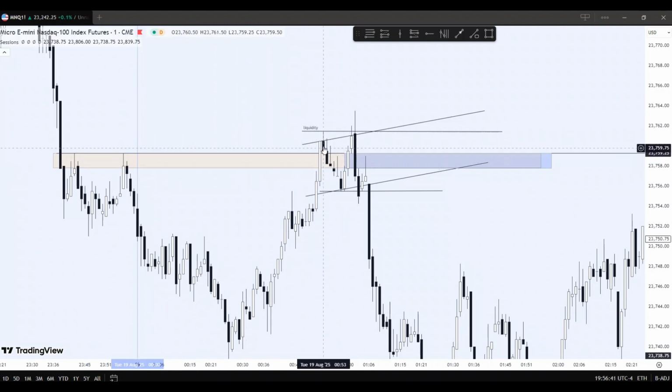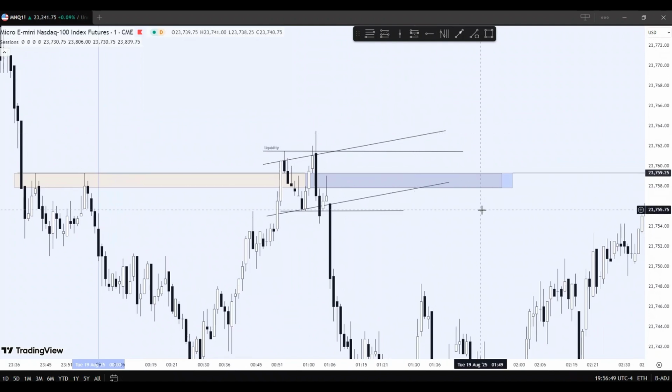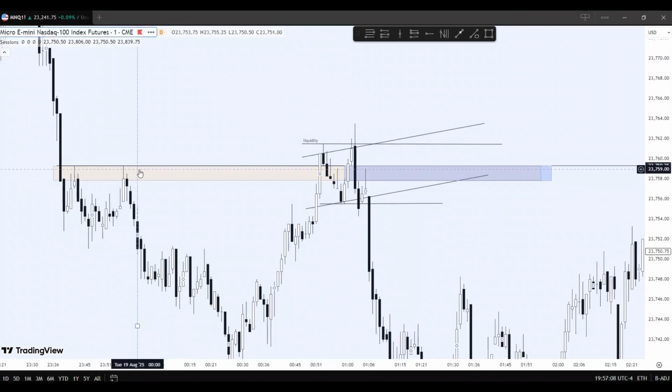Now you're getting price coming back after breaking. And this is where a lot of traders get trapped, because they think that the market is trying to create a bullish movement, right? They think the prices are starting to go higher and higher, but this right here was just trying to take these guys out.